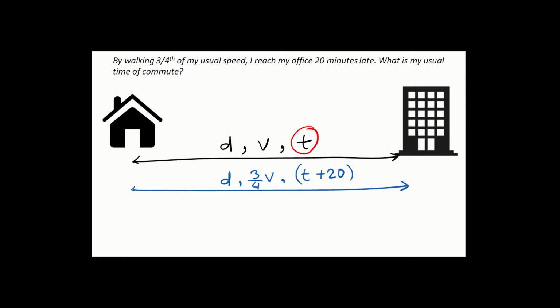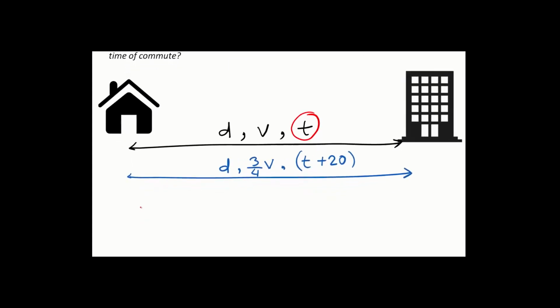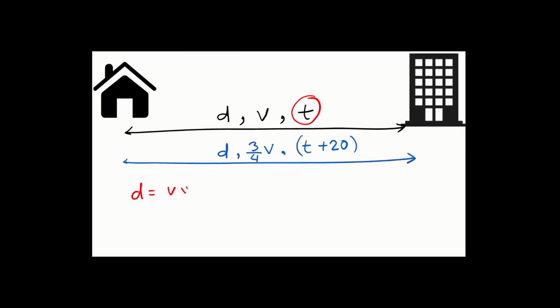Let's write the only equation which I have, that is distance equals speed into time, or displacement is velocity into time. So you can say d is equal to v into t from the first part. From this part, you can say d is also equal to 3/4 of v into (t plus 20), right?